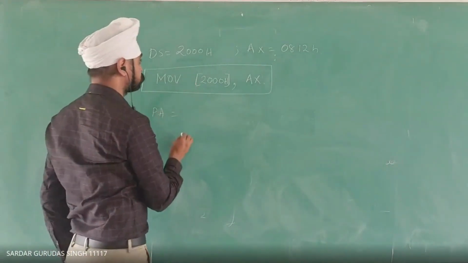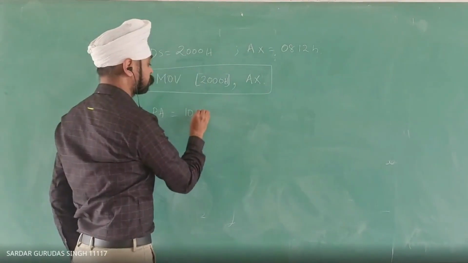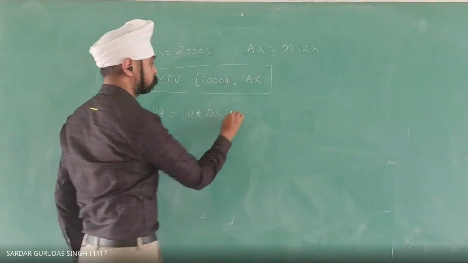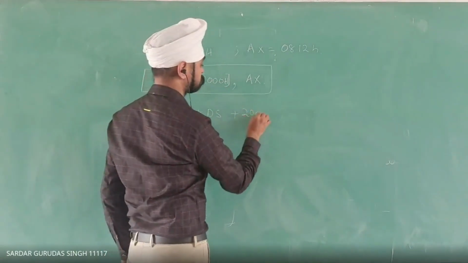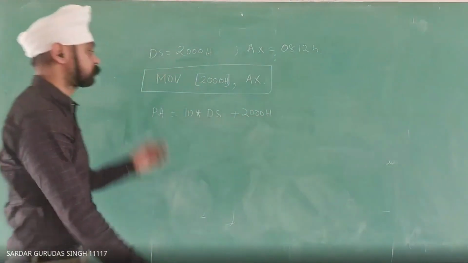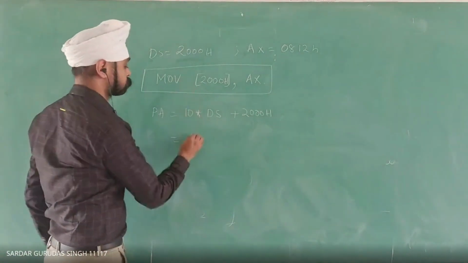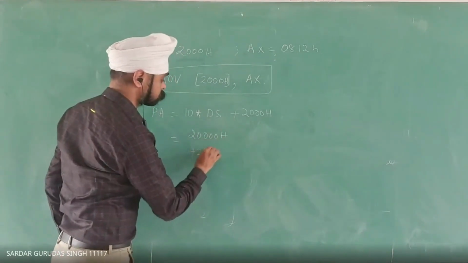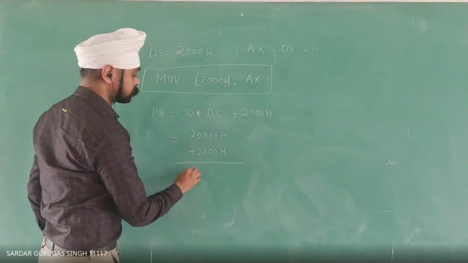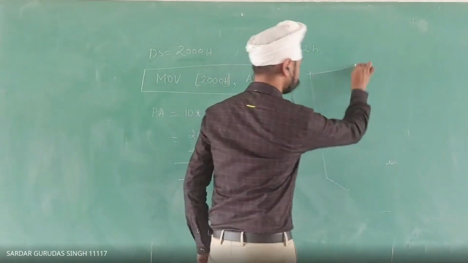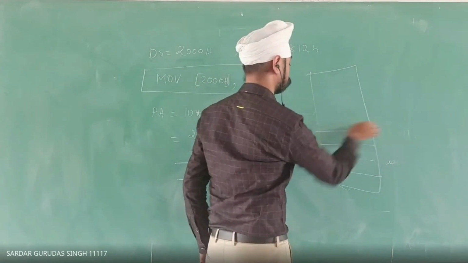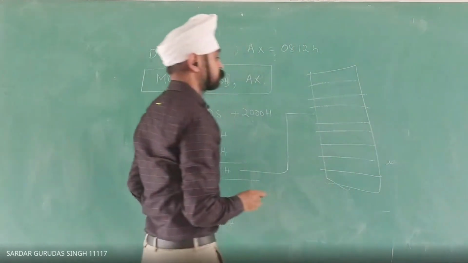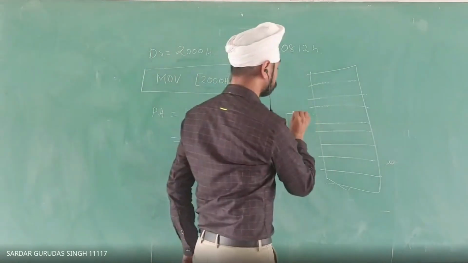Physical address is nothing but 10 into DS plus 2000. So what will be the physical address? 20,000H plus 2000, in the sense 22000.